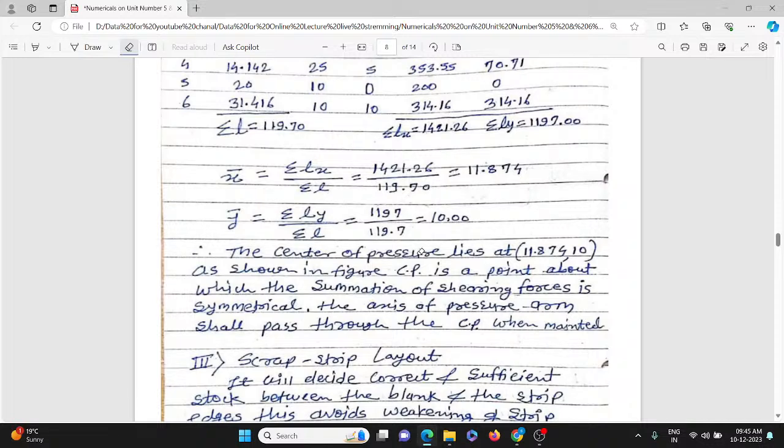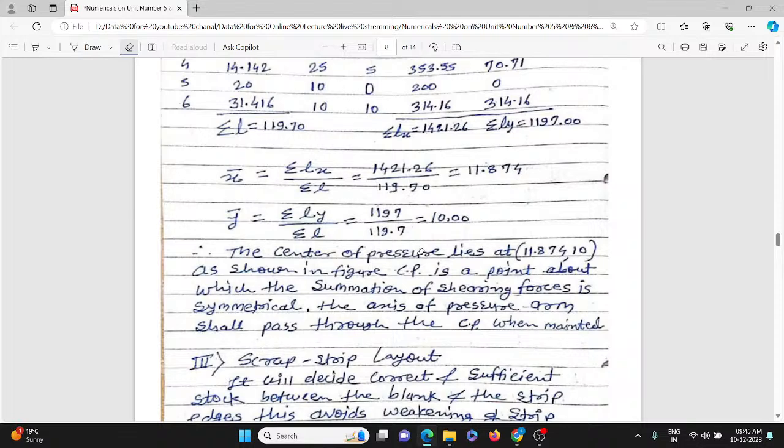Yes, whatever we have discussed, did you understand or not? Please comment. First of all, the center of pressure will be calculated, and then further the numerical can be solved. Basically in the examination you need not write each and everything, you can only do the calculation. But in this PDF, for the purpose of understanding, every point is written.